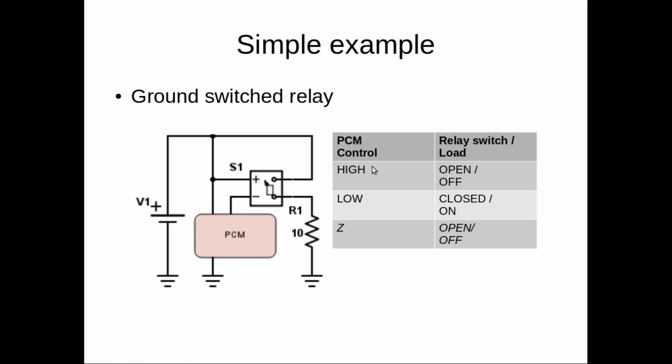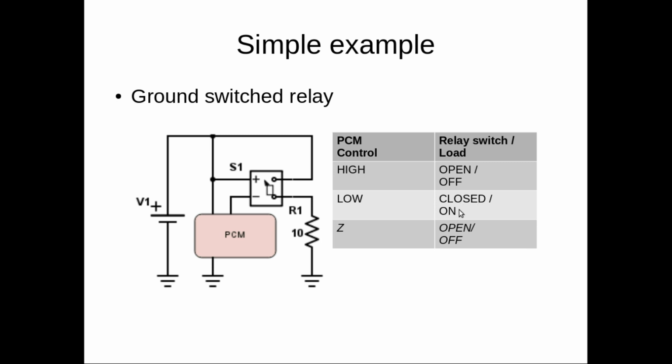For the PCM control being high, we are going to have relay switch open, meaning that the load will be off. If on the other hand the PCM control is low, then there will be current flowing through the relay and the switch will get closed, supplying the voltage to the load. So we will write down that the relay switch is closed and the load is on.